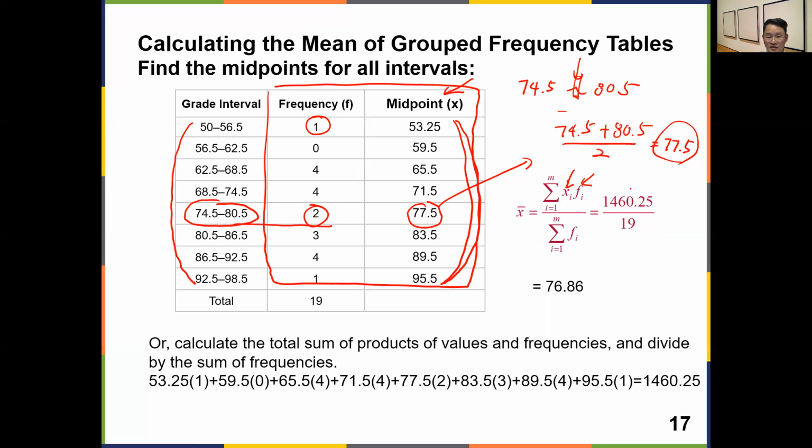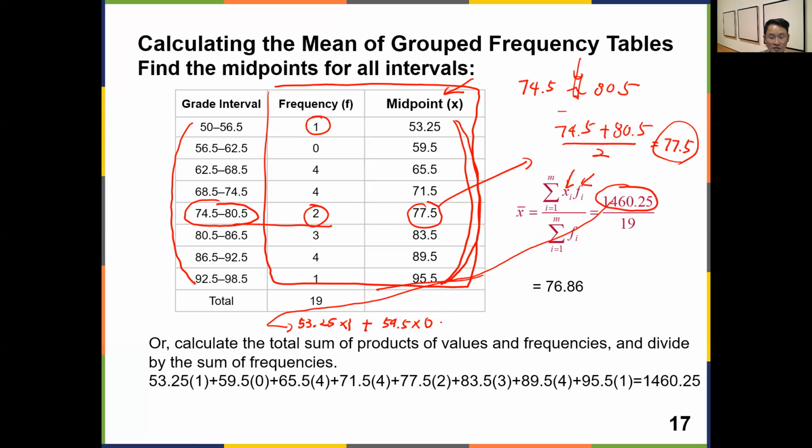So this number right here came from, if I just rewrite that number, X, which is first number 53.25, times F, which is 1, plus next number 59.5 times frequency 0.